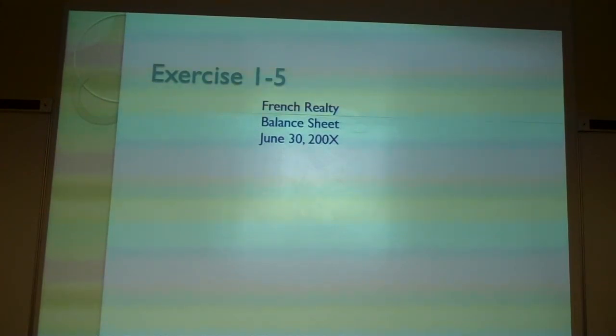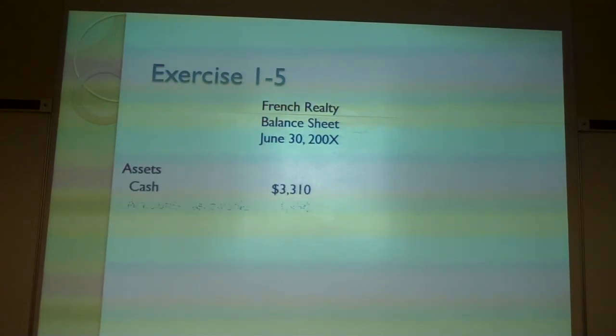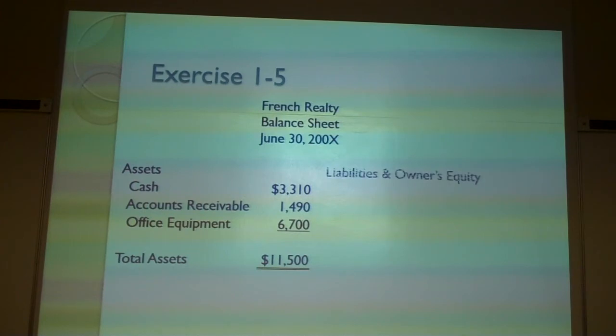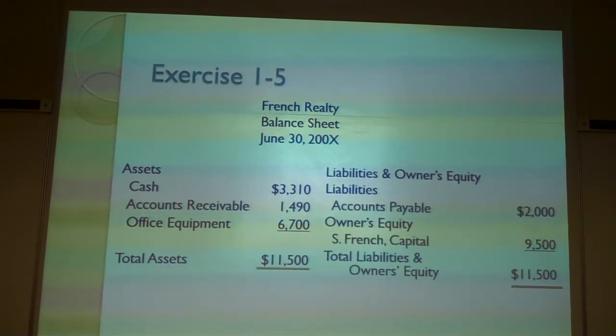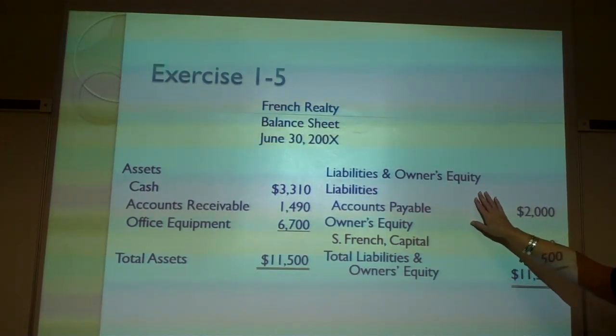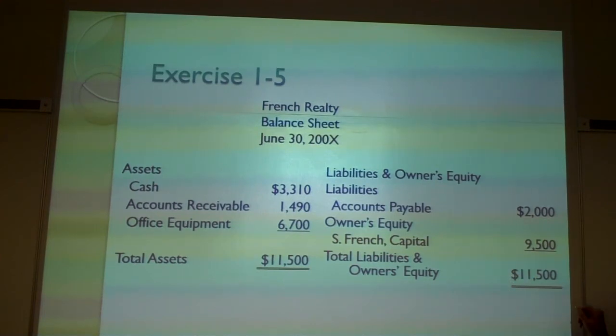If we did it at 9 o'clock in the morning, at 11 o'clock it might be different because we've had some other transactions. And we usually divide it up like the accounting equation: assets on the left, liabilities and owner's equity on the right. The number that probably threw some of you off is this number, because this has to come from the statement of owner's equity.